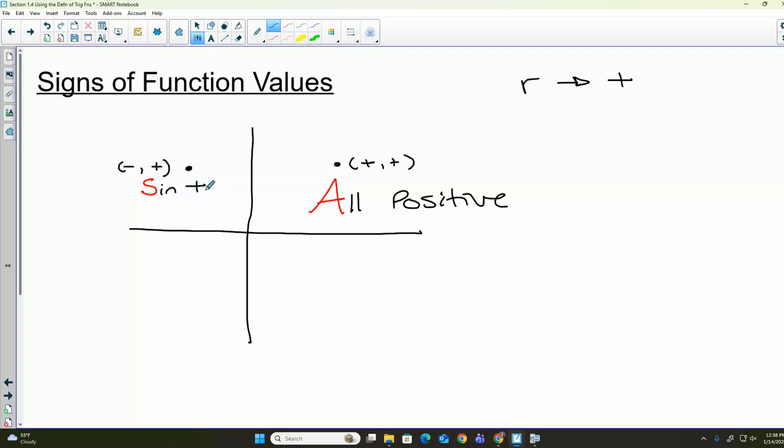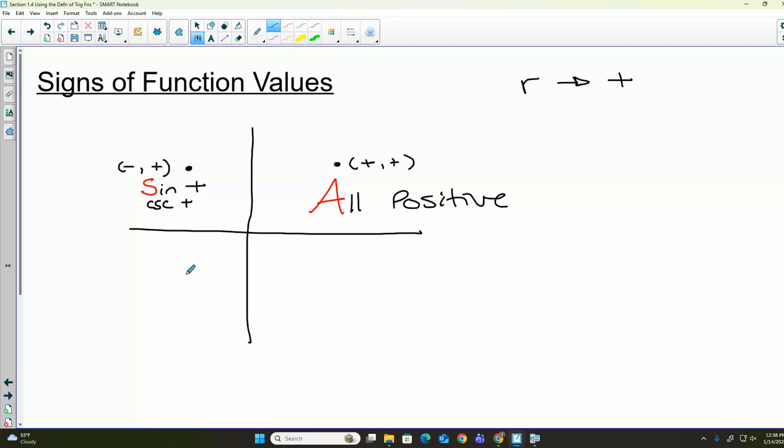Cosecant. So sine is positive, cosecant would be positive. But the others, when I do cosine x over r, when I do x over y or y over x, what are all of those? Negative. So in quadrant 2, sine and its reciprocal are positive, everything else turns out to be negative.